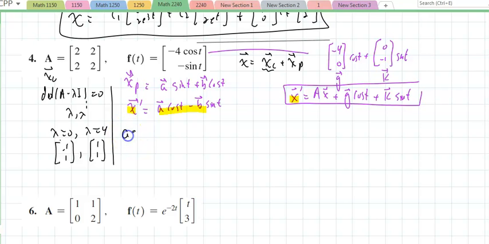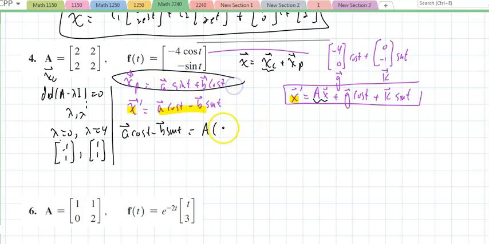That would be a the cosine of t minus b the sine of t, equaling Ax. And what's x? We said it's a the sine of t plus b the cosine of t, plus g the cosine of t plus k the sine of t.